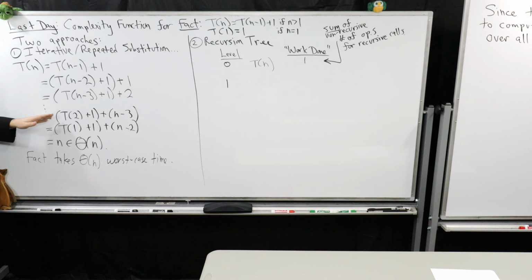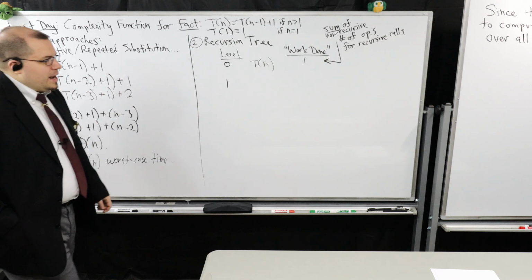When I eventually get down to this point right here, I write down this equation, and I see that T(1) in my definition is 1. So I have 1 plus n minus 2, which is just n, which of course is big theta of n. So from this you can say that the factorial takes time linear in n.